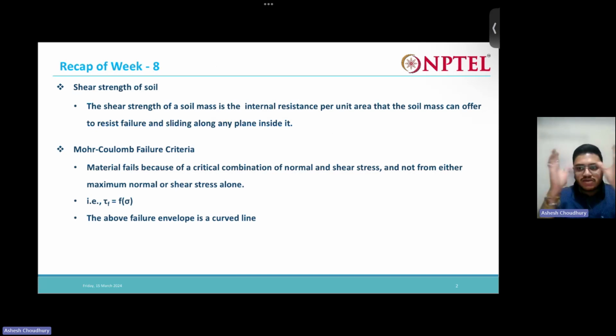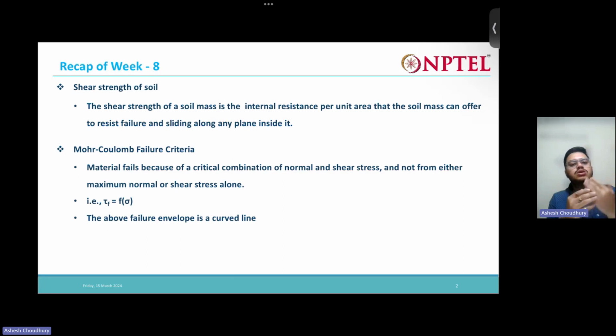Say we have a soil mass, and on that soil mass you are applying some destabilizing force. In simple words, you are applying some load over that soil. Initially you put a very small load, and little by little you keep increasing it.